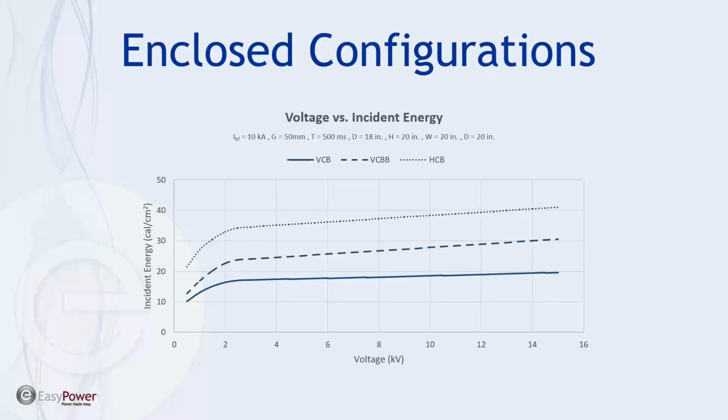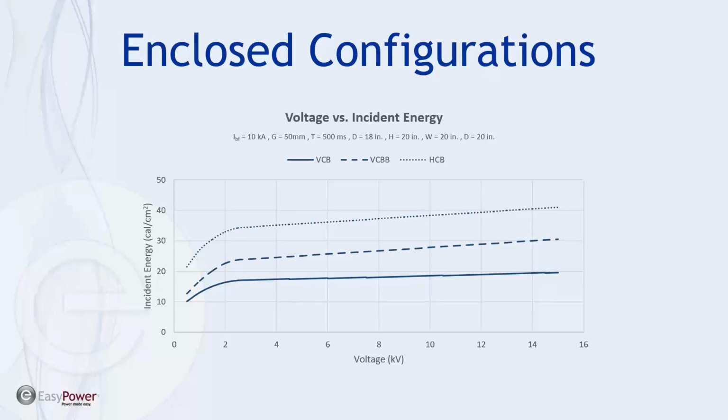Terminated in a barrier is more hazardous, and then horizontal in a closed box is most. Now, a little side note, horizontal doesn't mean that the bus itself runs horizontally. It means the bus stub, or the end of the bus, is pointing out of the box in the vicinity of the head or thorax of the technician. And so consequently, it's considered most hazardous.